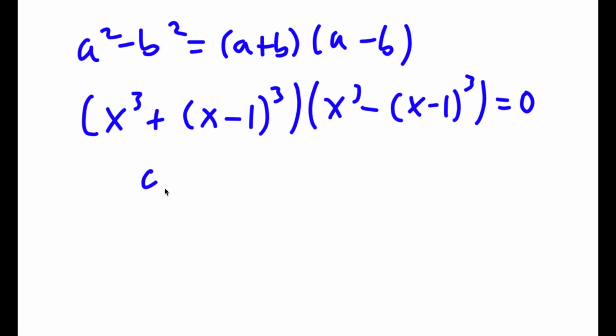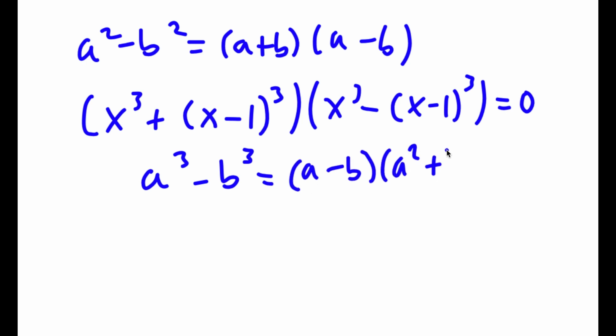Now, if I have something in the form a cubed minus b cubed, this is equal to (a minus b) times (a squared plus ab plus b squared).